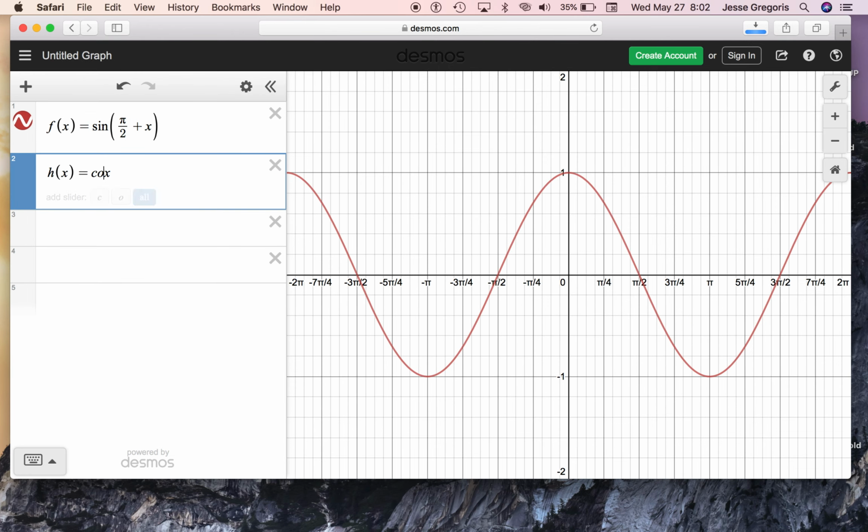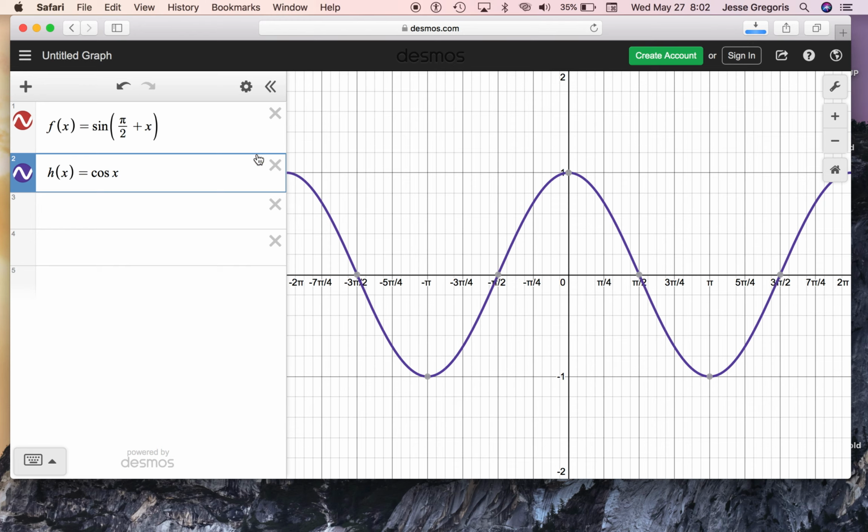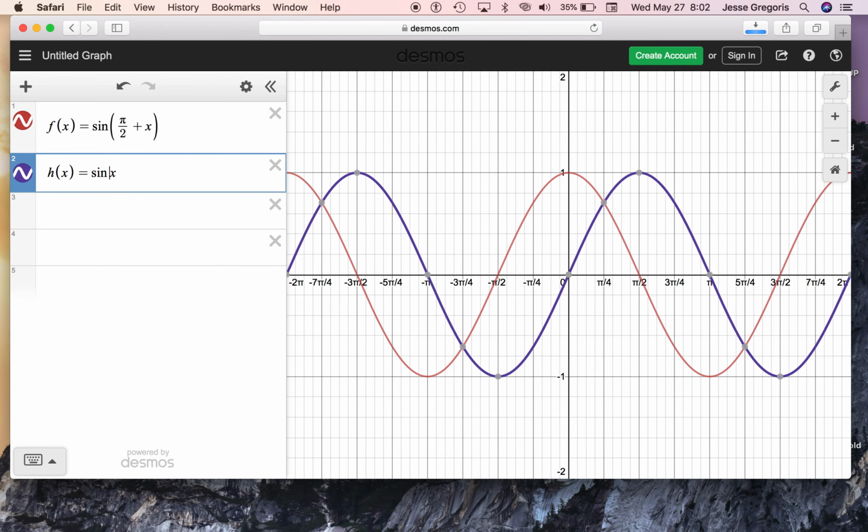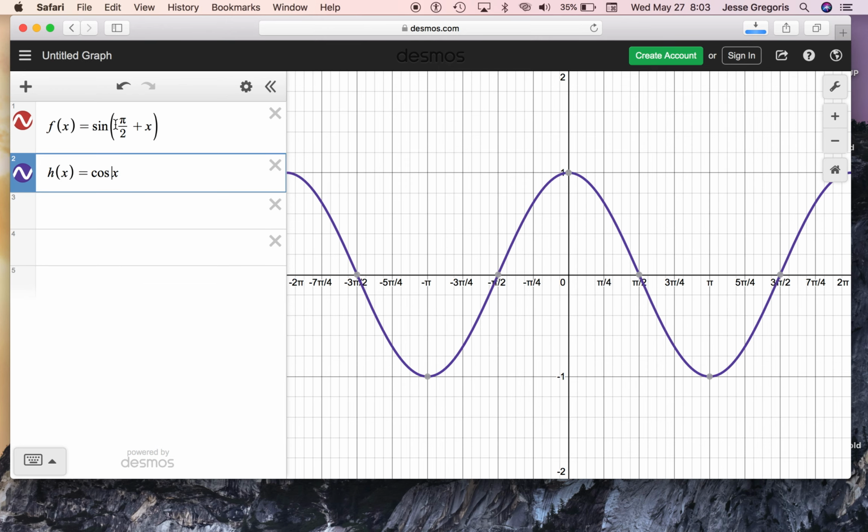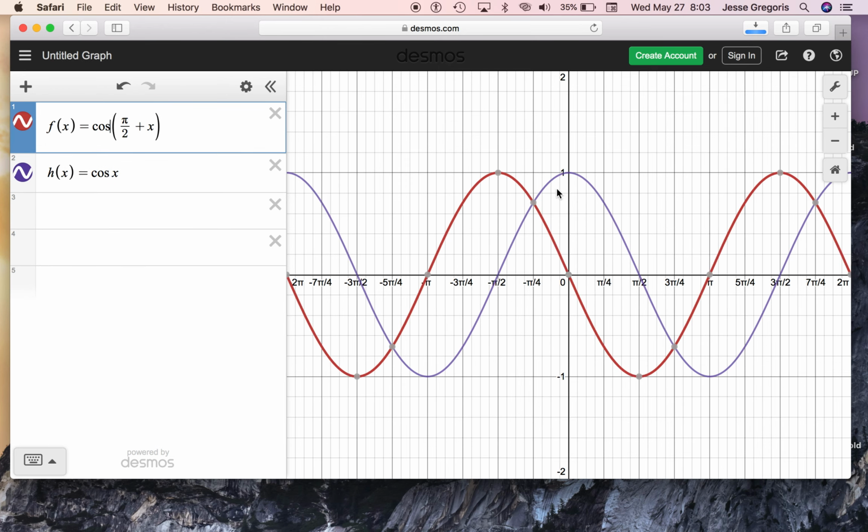So if you think about what happens with sine of pi by 2 plus x, well, sine of x, purple graph, gets moved back to become cosine. Whereas if we did this the other way around, with cosine of x, our cosine would have gotten moved back, but it wouldn't become sine now because sine starts at the origin and goes up. Instead, it would become negative sine. And that's because of the fact that sine is an odd function.